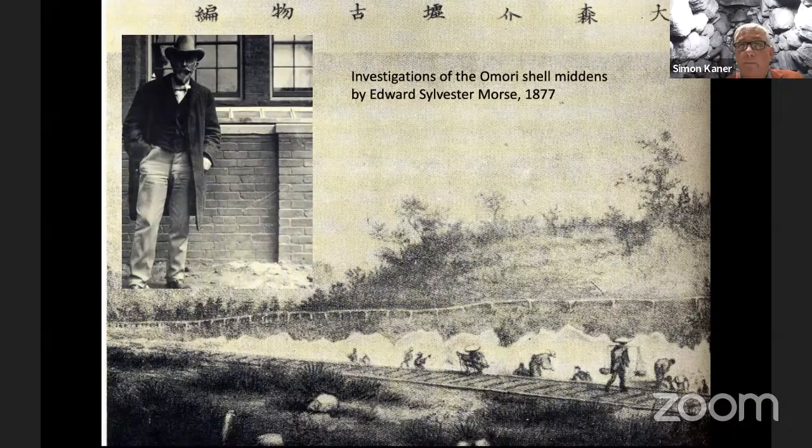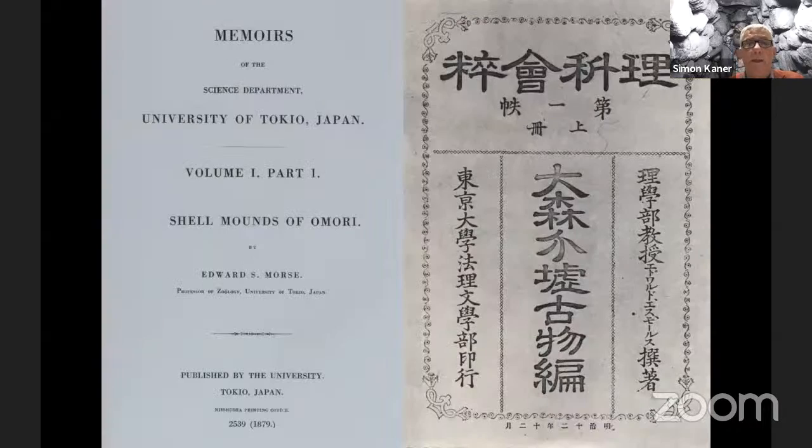And Morse himself published on Kofun in 1880. And we think that they may have encountered each other in Tokyo. But Morse's trick was to publish very rapidly, which Gowland wasn't able to do. Morse obviously was only excavating one site. Gowland had investigated over 400, but Morse was able to publish his report.